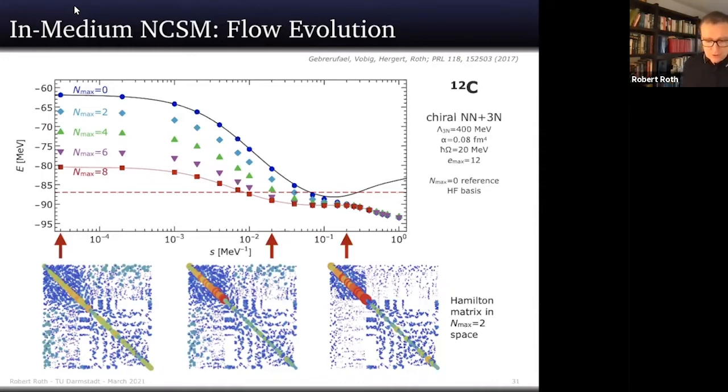That's actually not done with a multi-reference in-medium SRG, but you could. That's a very clever idea, and I think it would be good to do that with multi-reference. We are thinking about stuff like that.